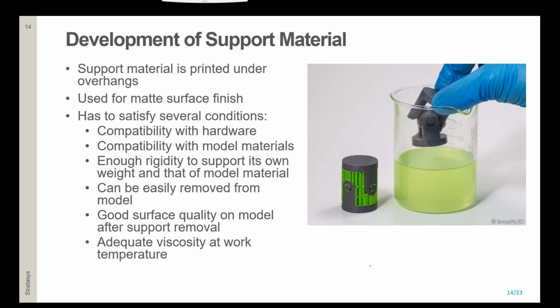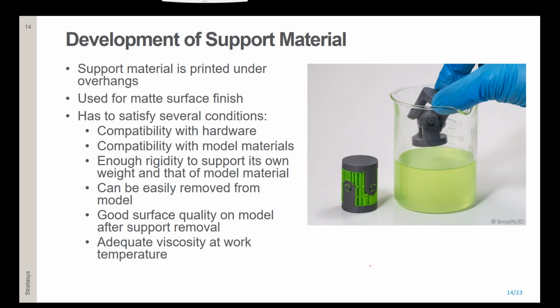Also, when you have a mixture of support material and model material, you get a different surface finish at the areas where the support material touches the model material, and another surface finish where there is no contact between the two.